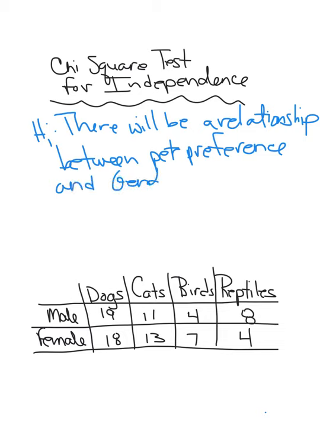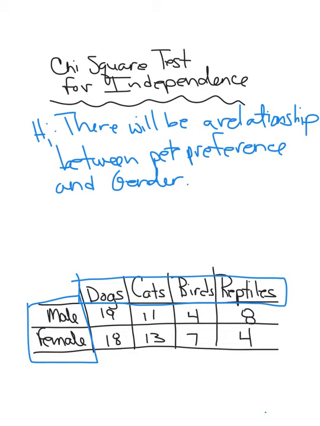So it's just basically our 2 variables. So, here's our pet preferences and here's our gender categories. So the 2 different categories. And so that would be our step 1.